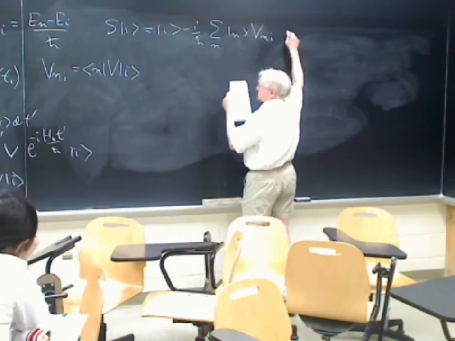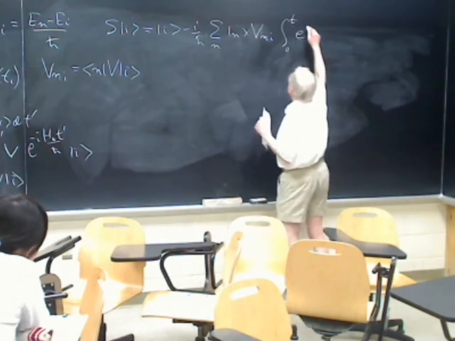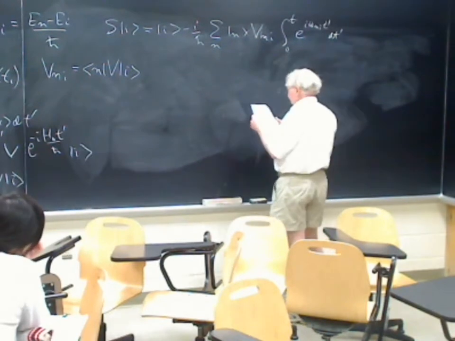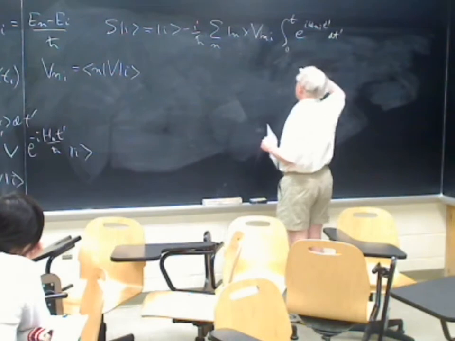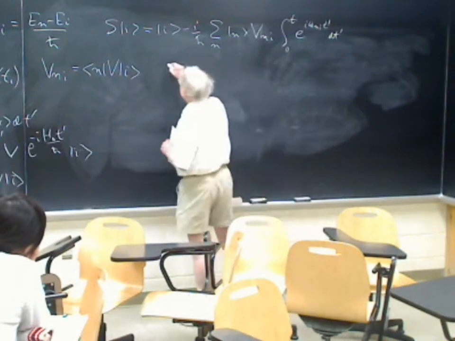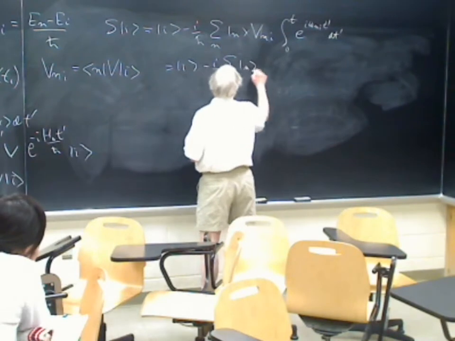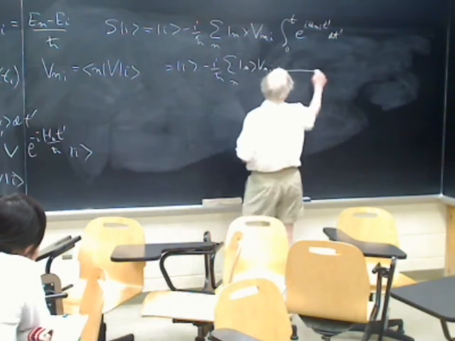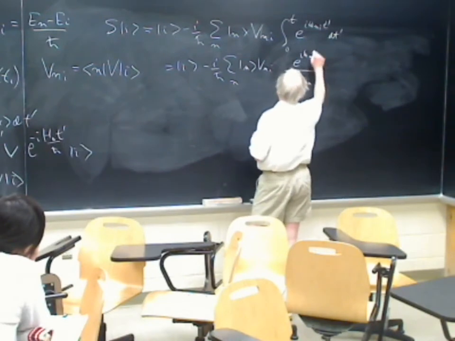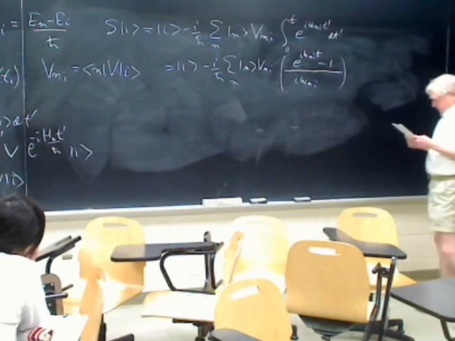VNI times an integral 0 to t of e to the I omega ni t prime dt prime. And this integral is easy to do. It gives us I minus I over H bar sum on N VNI. It's 1 over I omega ni times e to the I omega ni t minus 1. So that's our expression.